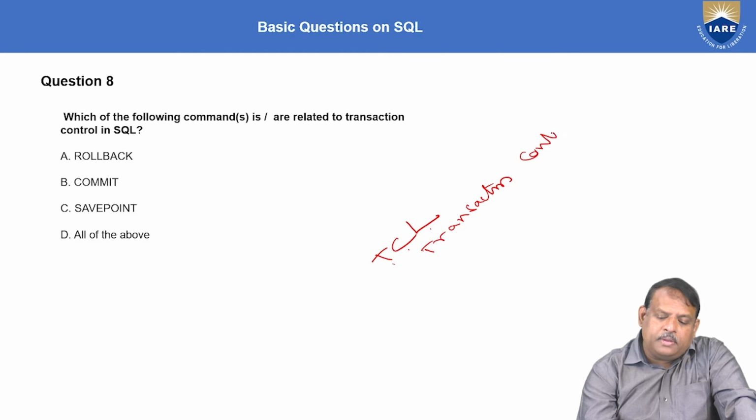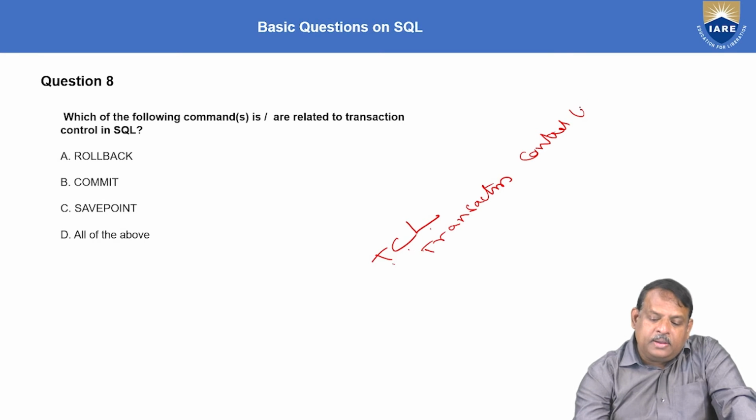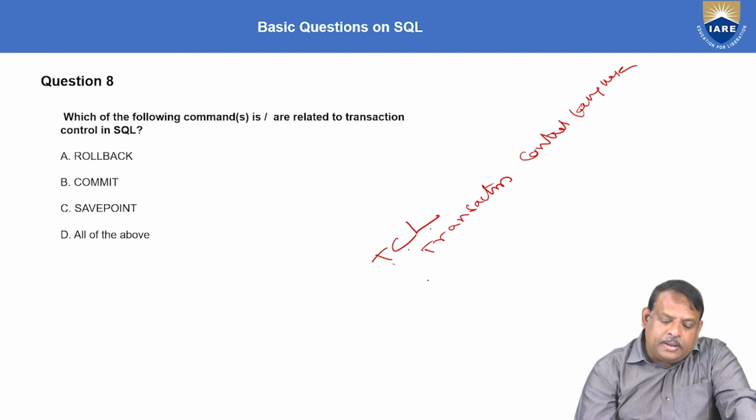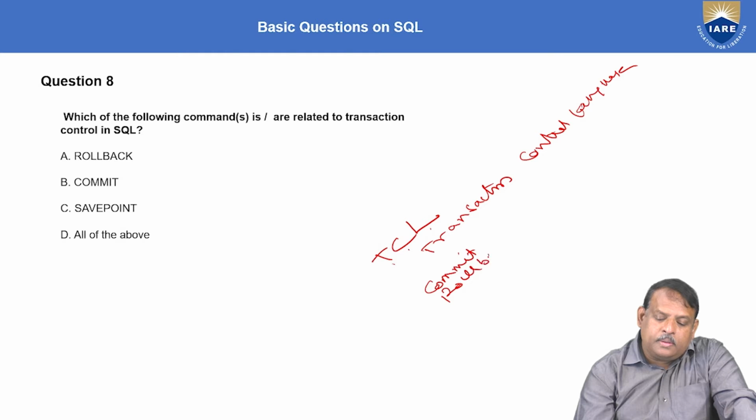That means the commands available for the transaction are commit, rollback, and save point.